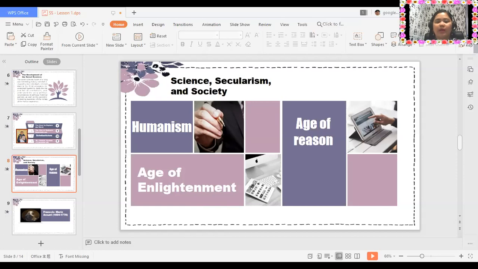So we also have the Age of Enlightenment. When we say Age of Enlightenment, this was both an extension of and a reaction to the Age of Reason. Because we already know how to reason, we now have rationalism and empiricism. Now we are enlightened, so this is the Age of Enlightenment.